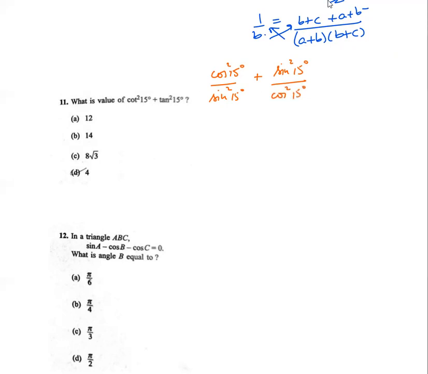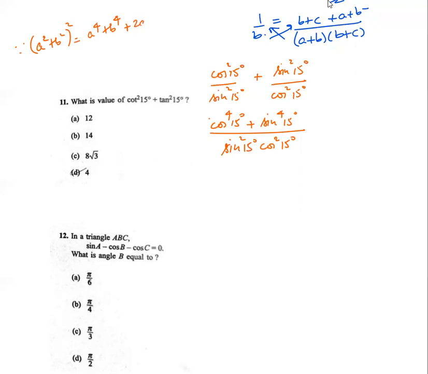So we have to find the value of this. Now, if I cross multiply, the LCM of this is sine square into cos square. So that's the LCM, sine square 15 degrees into cos square 15 degrees. So this will give me cos power 4 15 degrees plus sine power 4 15 degrees, isn't it? Now, what is (a square plus b square) whole square? It is equal to a power 4 plus b power 4 plus 2a square b square. So this relation we are going to use.